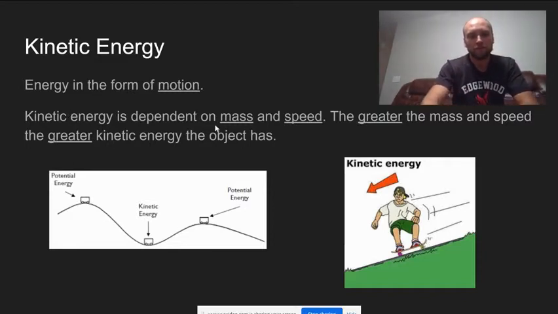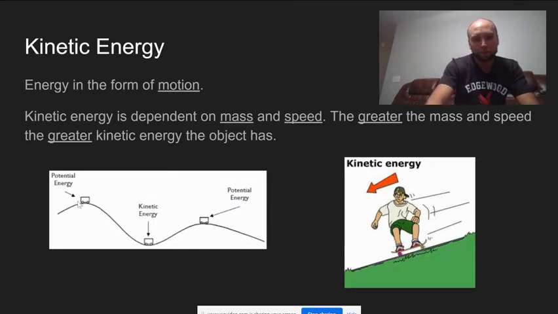Now, kinetic energy is dependent on two things: an object's mass, so how much stuff is in it, which would relate to things like its weight, and its speed. How fast is it moving? Now, the greater the mass and speed, the greater the kinetic energy the object has.